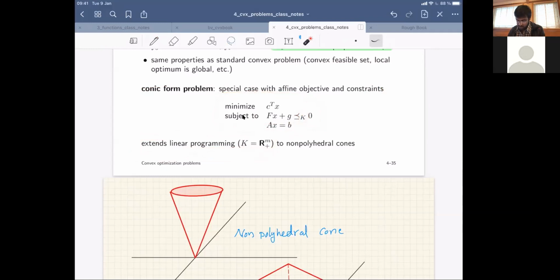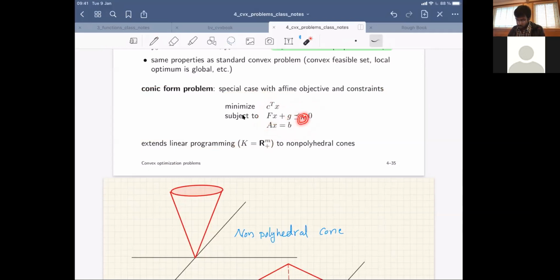It's an affine function, but we are talking about this cone. This looks like a linear program, right? This is an affine function, but it is not always a linear program, because there is a cone here. You have to be careful about that.